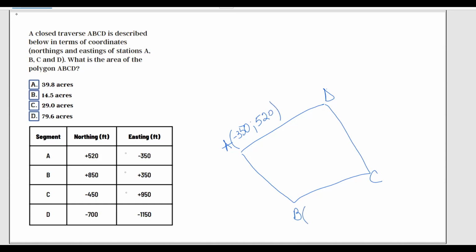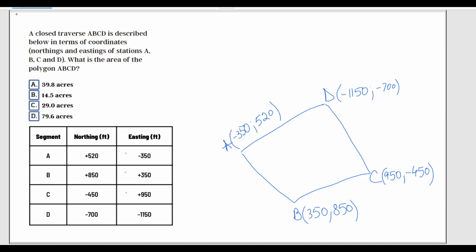B is going to be 350, 850. Now C is going to be 950 and minus 450. D is going to be minus 1150 and minus 700.